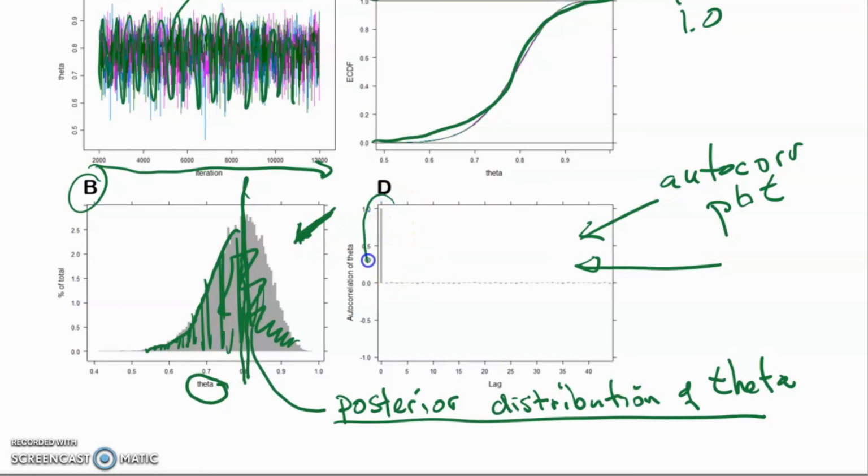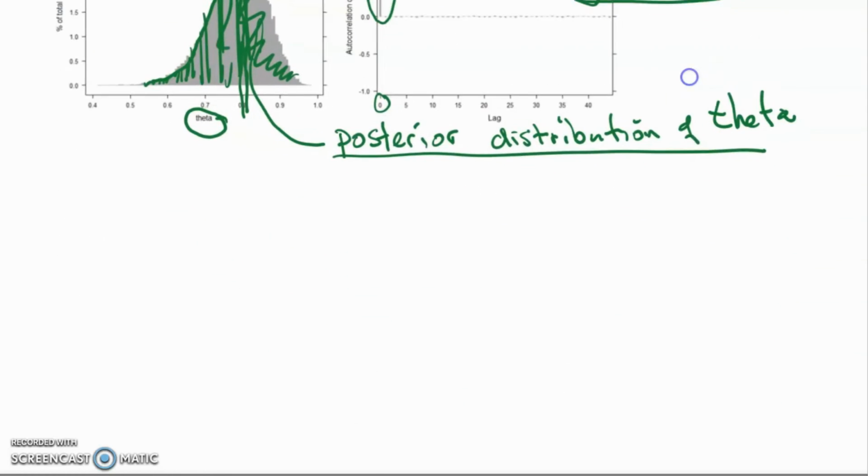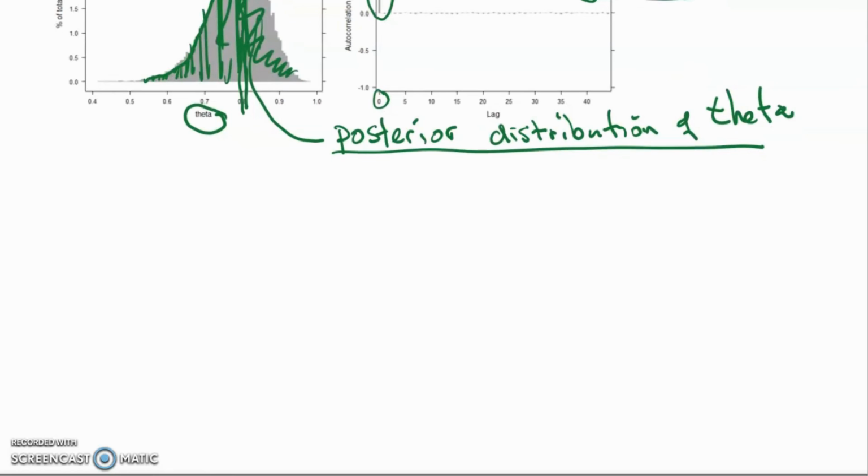You do get an autocorrelation of 1 at a lag of 0, but of course that isn't terribly meaningful. So bottom line is, these are the sorts of things you can do to look at the results either by plotting or by printing the output.